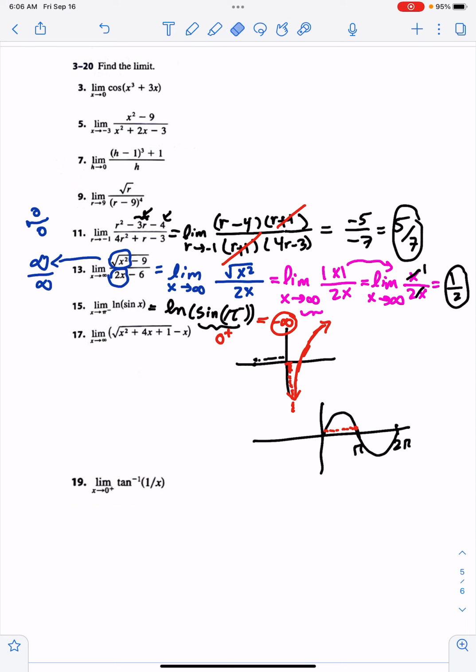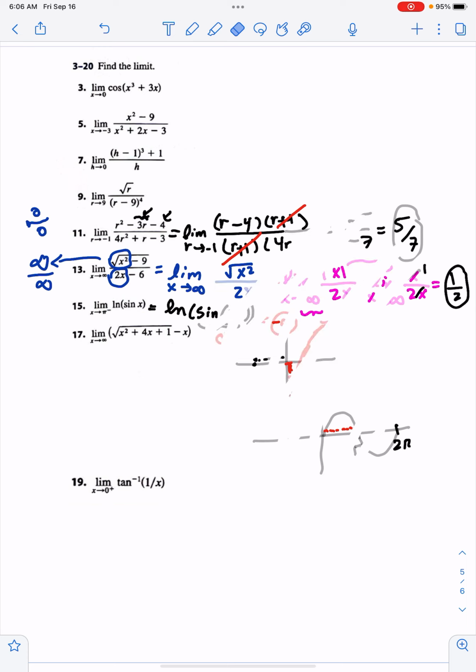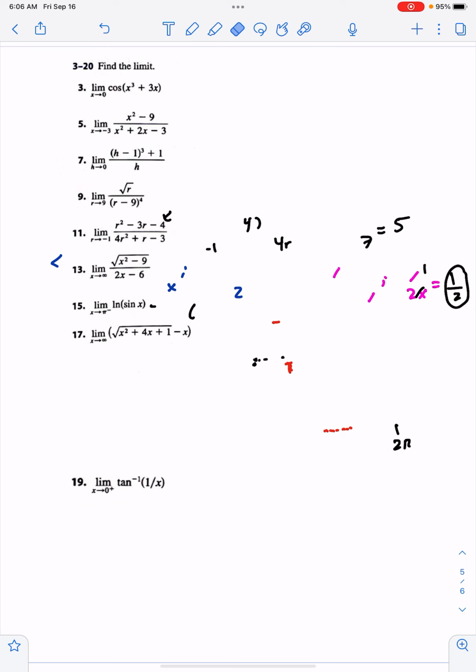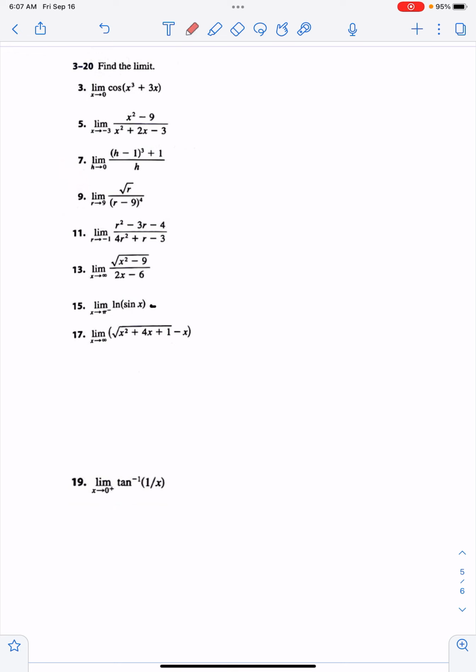I'm going to erase this board so I have room for the next question. So next, replacing infinity, it's going to be infinity plus 1, and then the radical of that: a huge number plus a huge number plus 1.